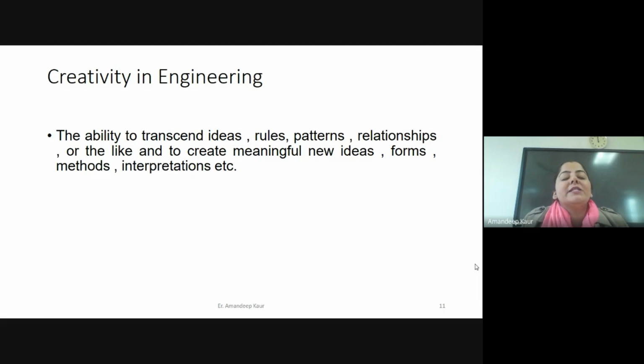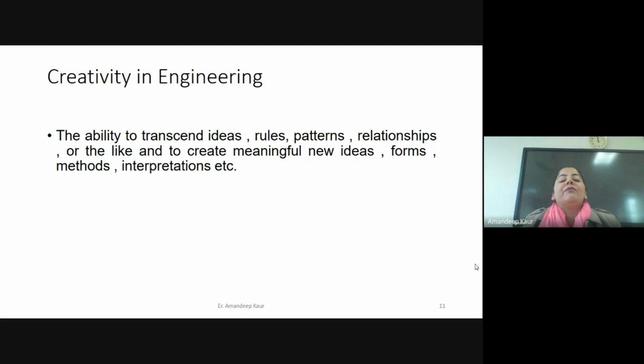If my student is able to design a program in the branch of computer science and engineering, able to identify different errors, able to correct those errors, it means that student is also carrying a creative ability. If my student is able to apply the theorems that he or she learned in the subject of mathematics later on for their branch of specialization, it means we are able to develop the creative ability of that particular candidate.